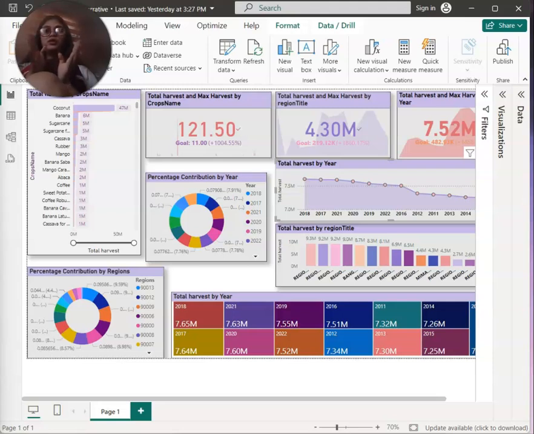So the dashboard is structured to deliver a comprehensive understanding of harvest data by focusing on two major dimensions. So we have crop, regions, and type.